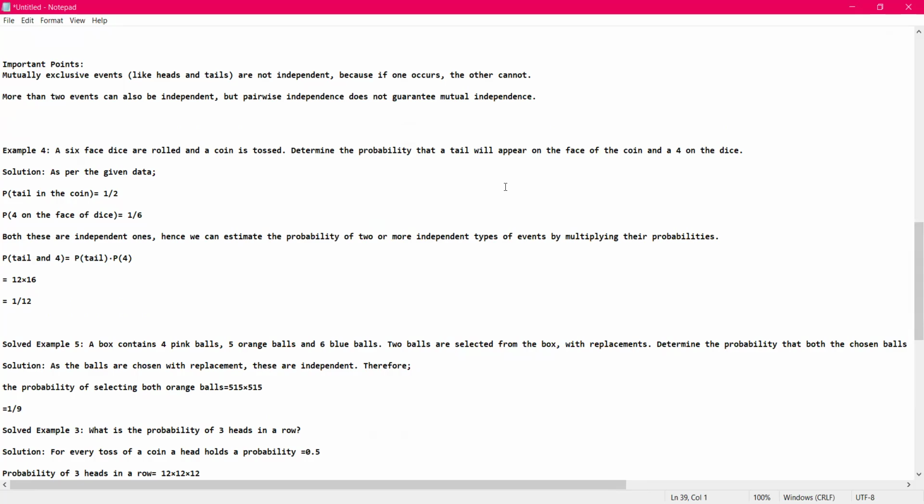So here 1 by 2 into 1 by 6 equals 1 by 12. So this is the final solution for the given problem. Hope everyone understood.